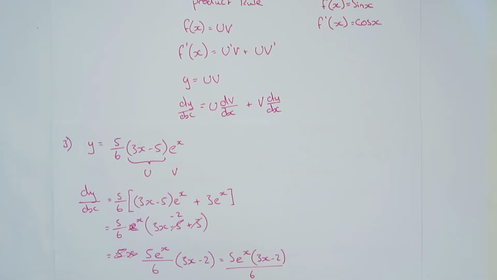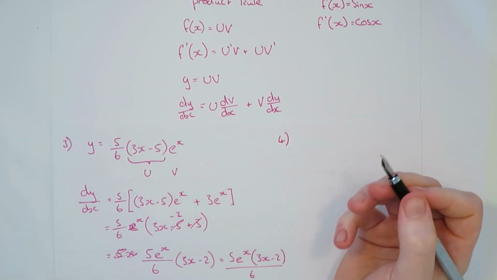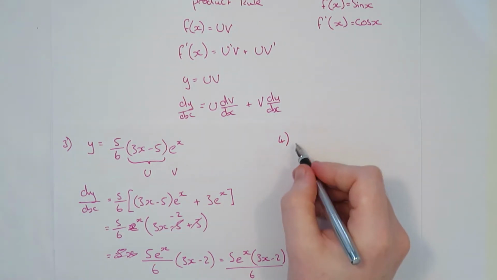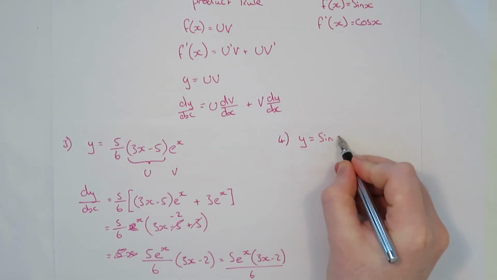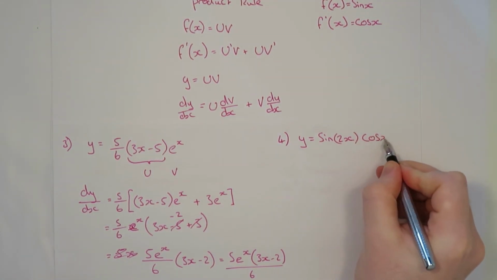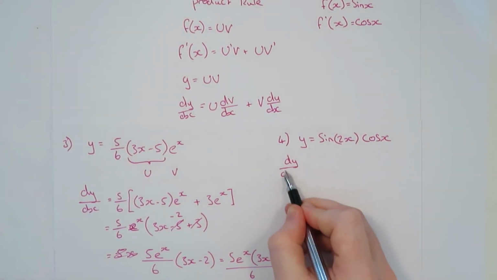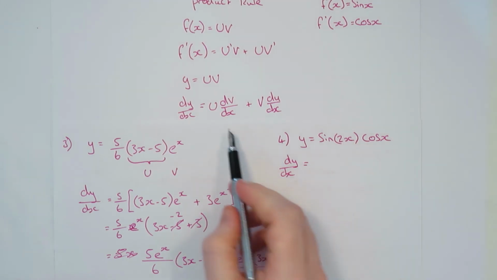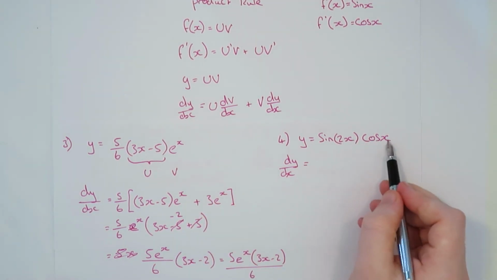And I think we'll have one more question. Let's have another trigonometry based question. Let's have y equals sine 2x cosine x. So the derivative of that. So u dv, so this here is our u, and that's our v.